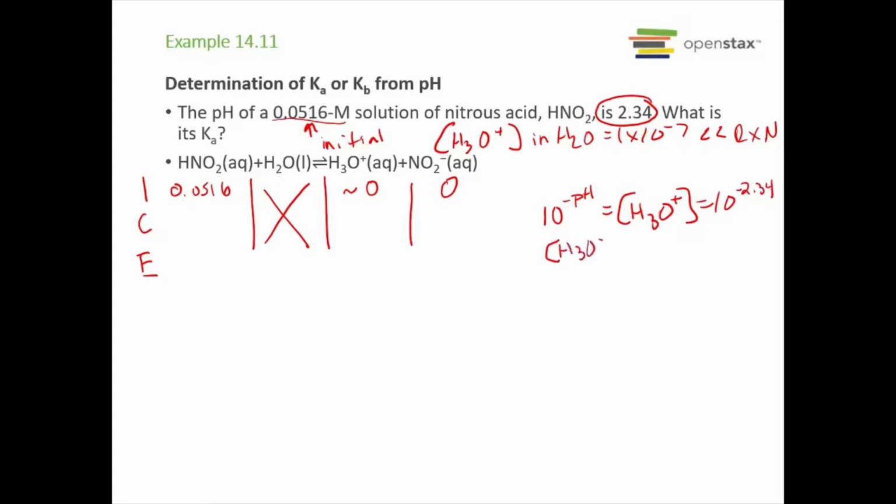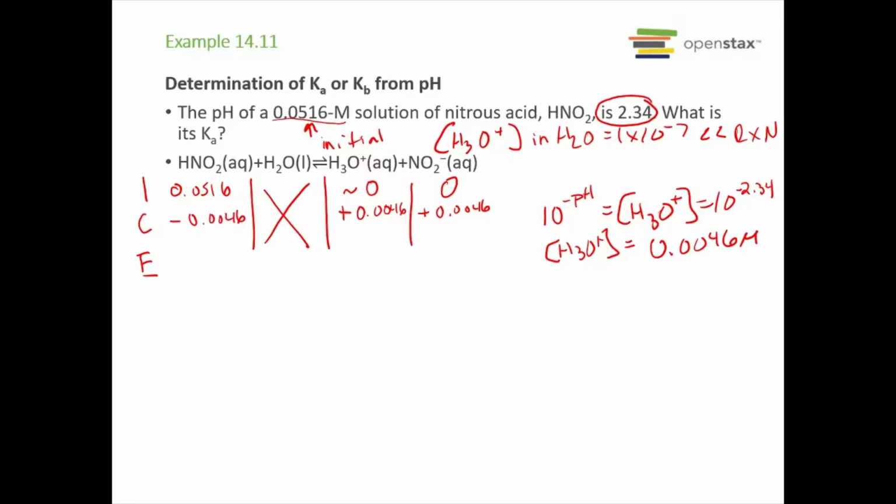So H3O plus then is equal to 0.0046 molar. So now we know how much H3O we have, or that we've gained. So that's our change, plus 0.0046. Using our stoichiometry, same amount for NO2, 0.0046. And that means that HNO2 is losing 0.0046. Okay, it's all 1 to 1.